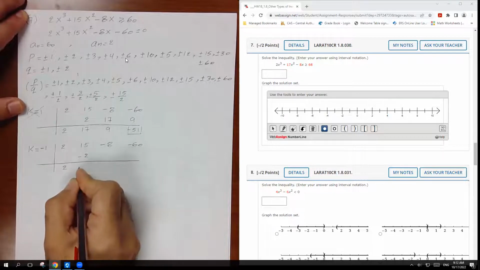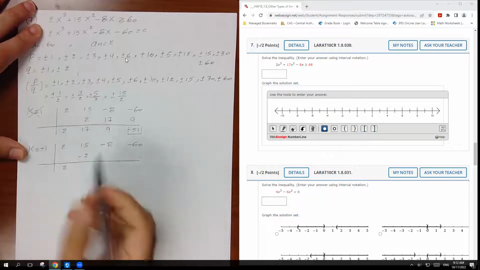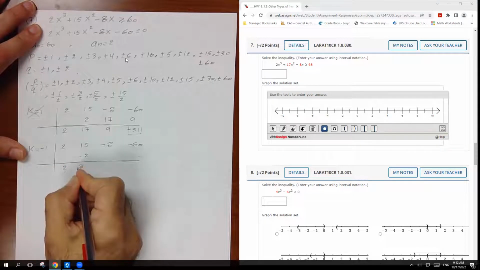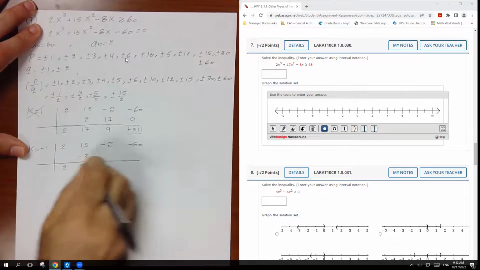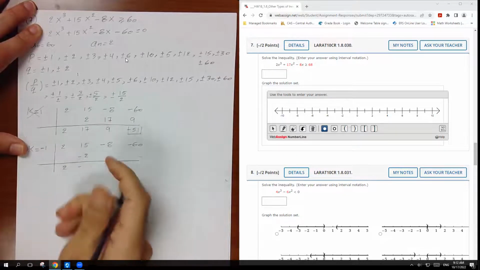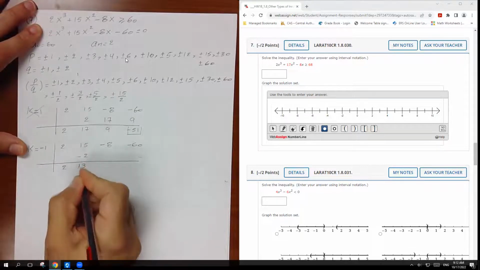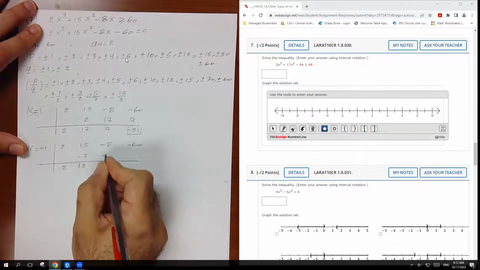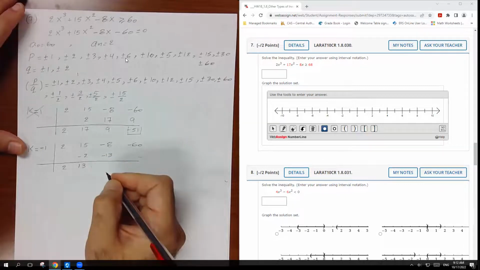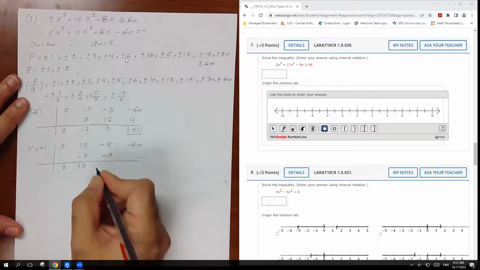Add these two numbers, it's going to be 13. 13 divided by -1 is going to be -13. -1 times 13 is going to be -13. Add these two numbers, it's going to be negative. Yeah, it's going to be -21.